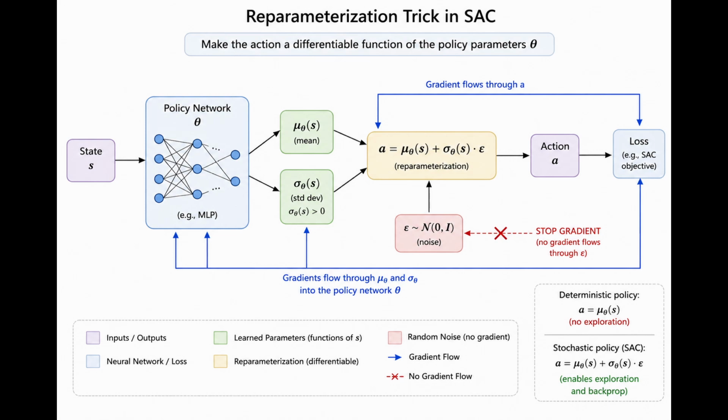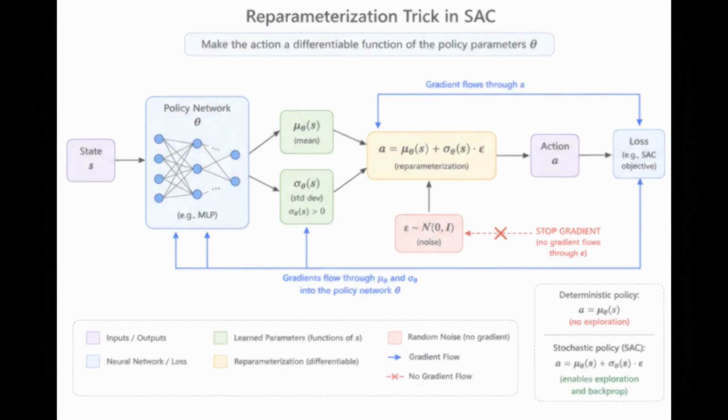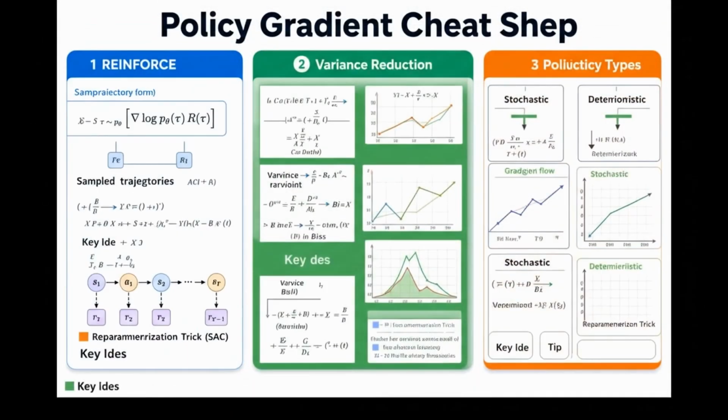You get the exploration benefits of a stochastic policy with the gradient efficiency of a deterministic one. SAC also adds an entropy bonus to the reward, encouraging the policy to remain stochastic and explore widely. J(θ) = E[Σ_t r_t + α H(π(·|s_t))]. This makes SAC one of the most stable and sample-efficient off-policy algorithms available today.